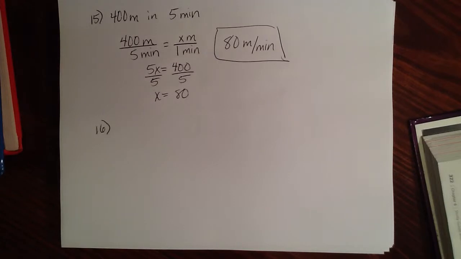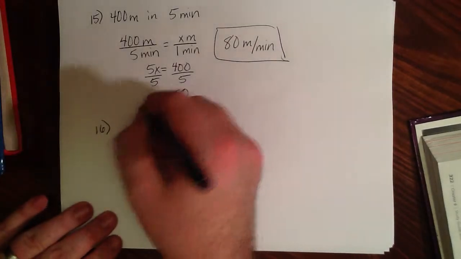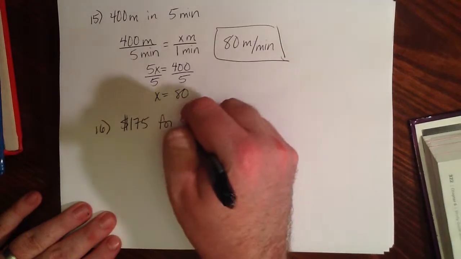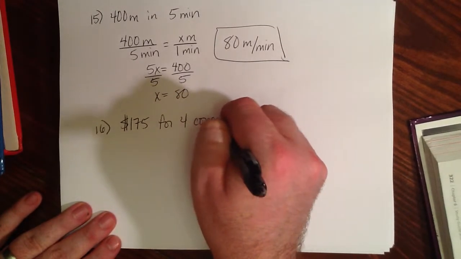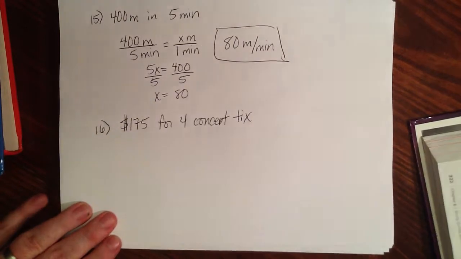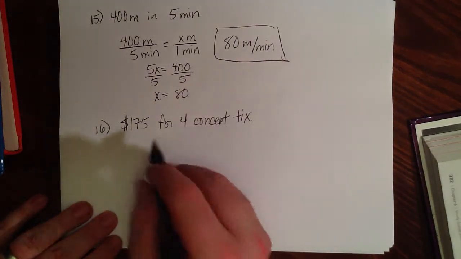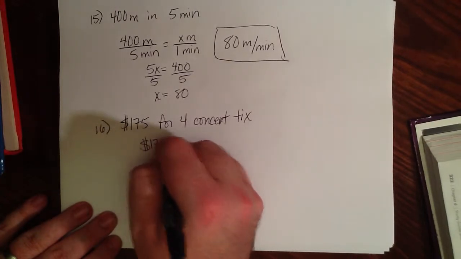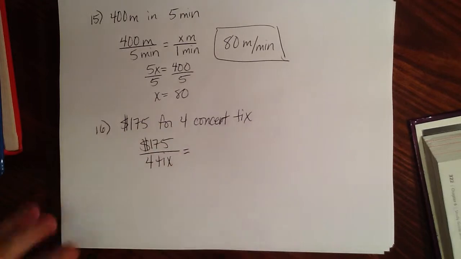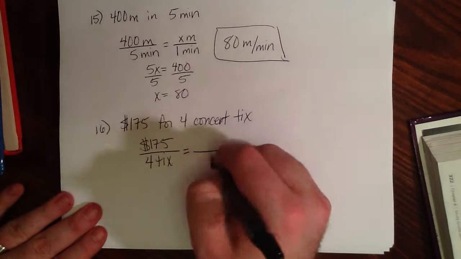16 says $175 for 4 concert tickets. Okay? So that ratio is $175 for 4 tickets. We need to express that as a unit rate. Unit rate means that the denominator is 1.